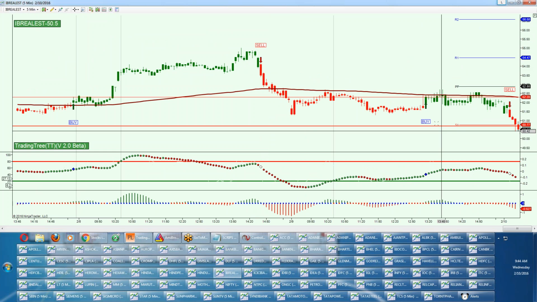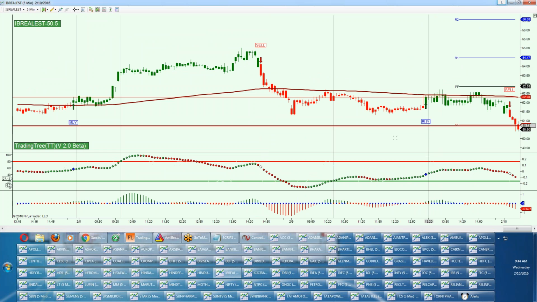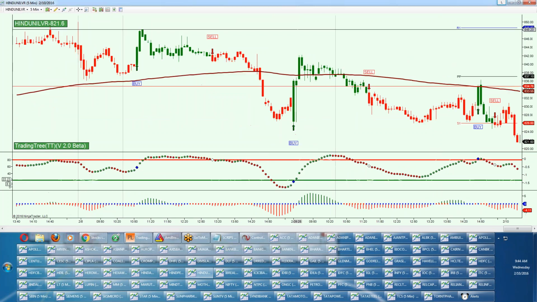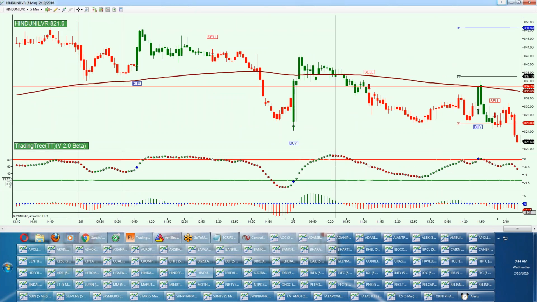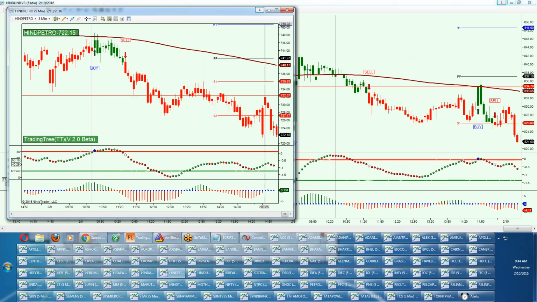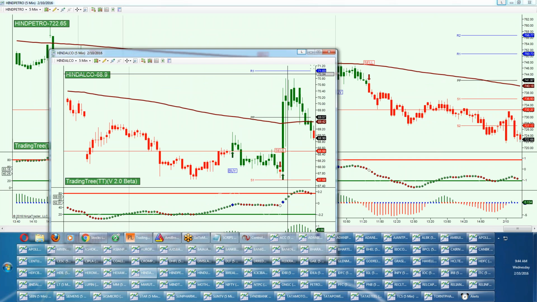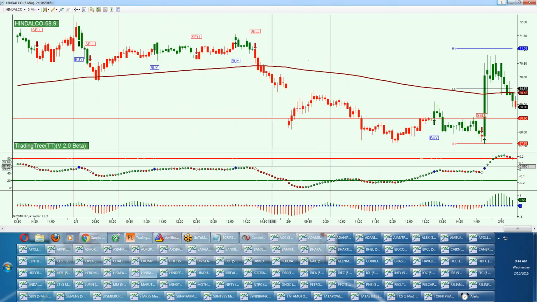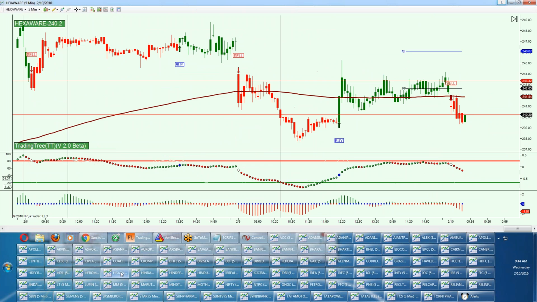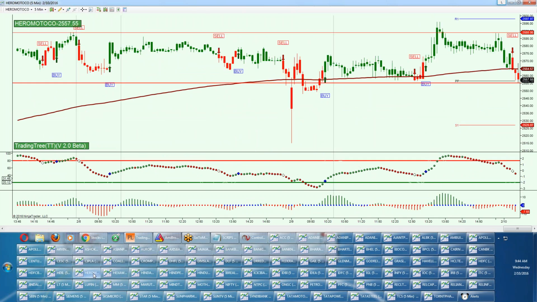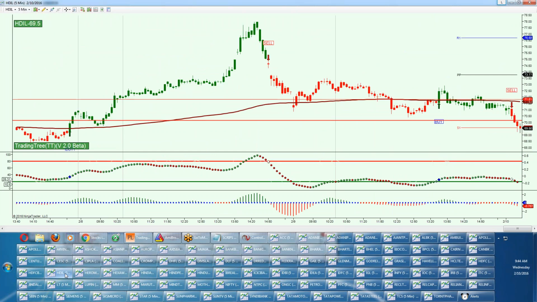Even IB Real Estate has crossed your entry. Pidilite has crossed. Hero Moto has just entered. HDIL is in profit.